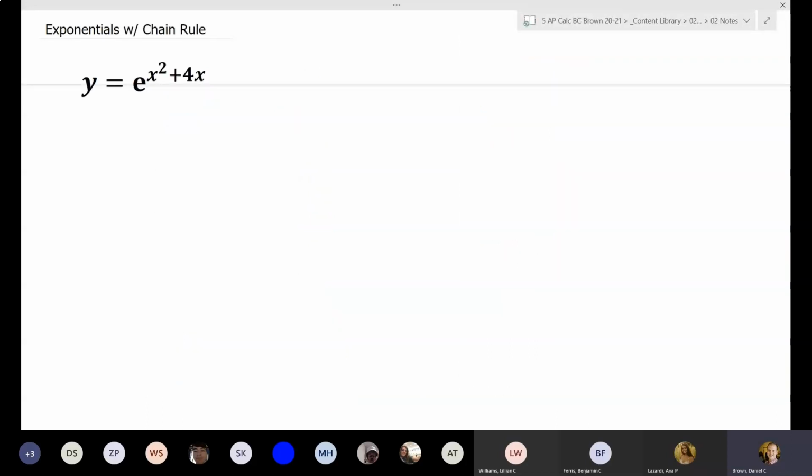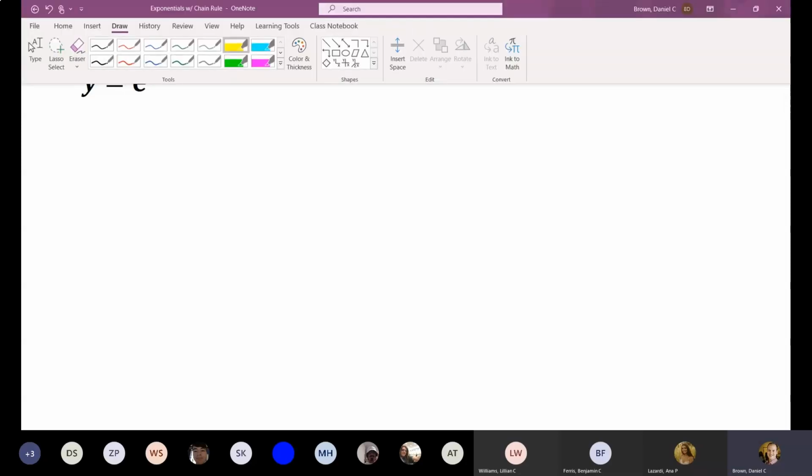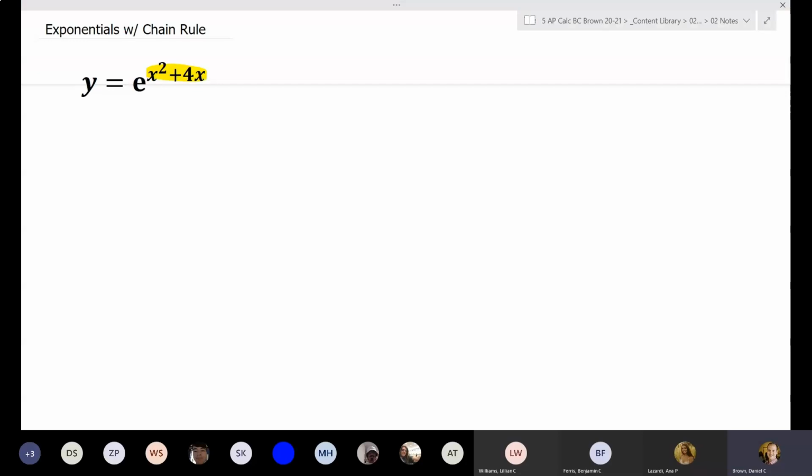Now, that will be a chain rule, just to be clear. The exponent of an exponential is considered to be the inside. So when you're taking the derivative of an e function, you bring down the function and then multiply it by the derivative of the inside. So if I have this graph here, that is y is equal to e to the x squared plus 4x.